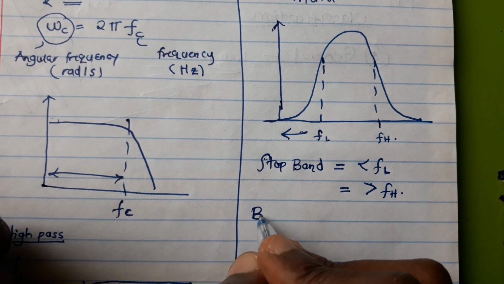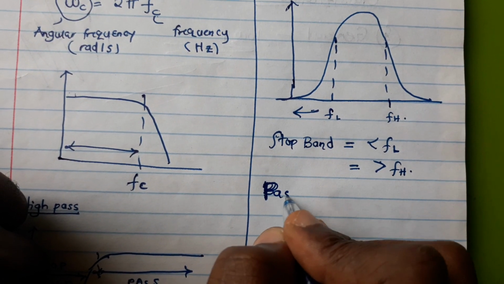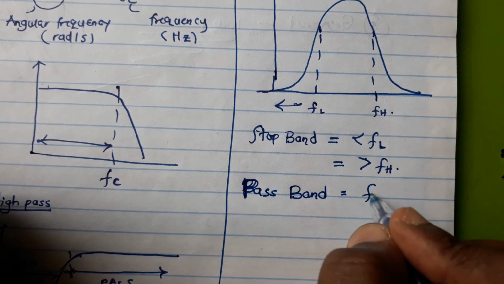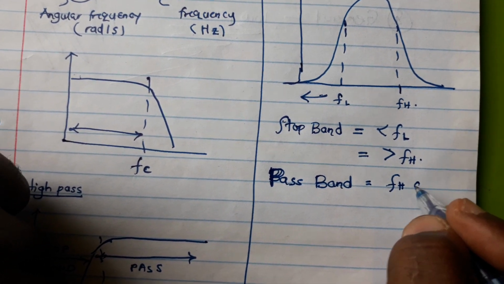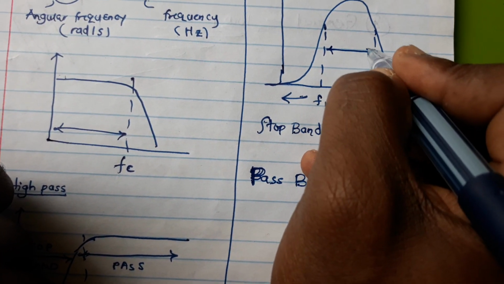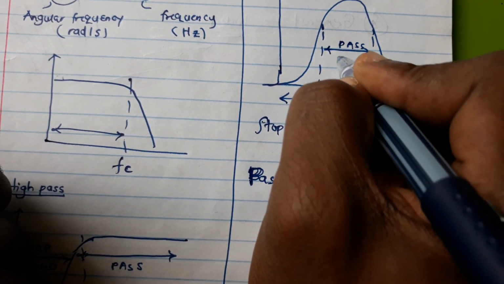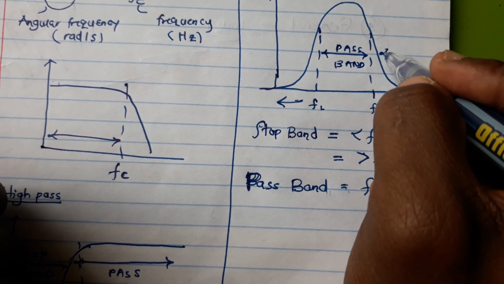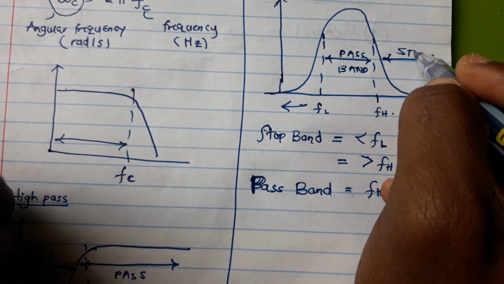And our pass band is within the range of FH and FL. So this is our pass band. And this, we have a stop band.